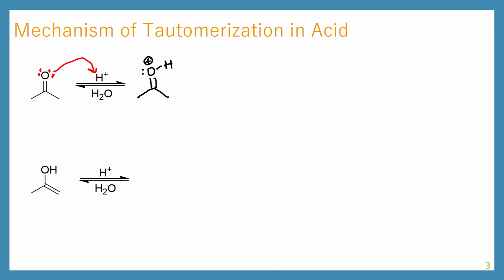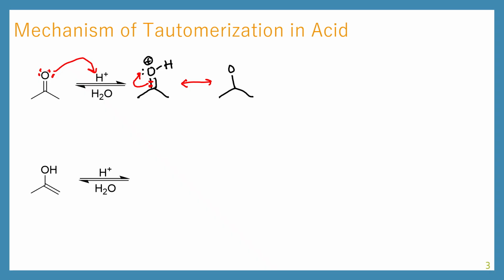Now, this structure has a resonance form, which allows us to show the double bond breaking and putting its electrons on the oxygen. So I'm going to use the double-headed arrow to indicate that this is resonance and not equilibrium.